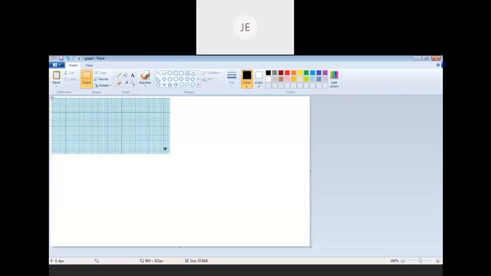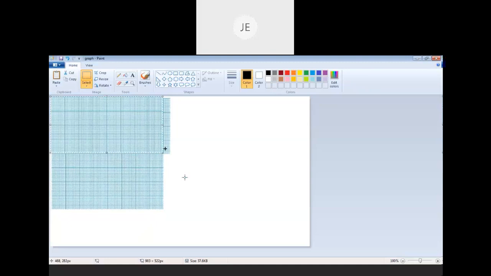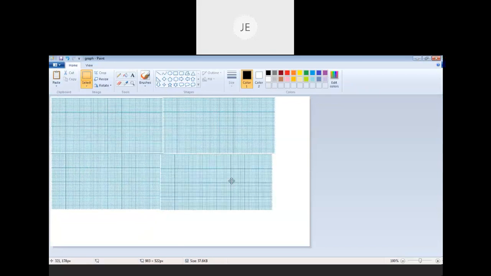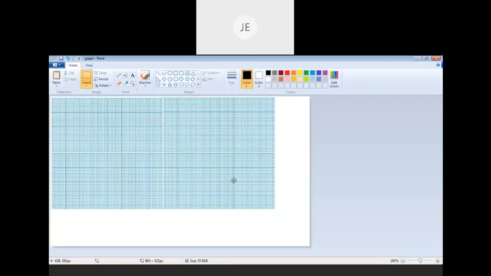Graphs are used to represent the data in a pictorial format. Yes, very good. Any other comments about what is meant by a graph? So graphs are used to represent the data in a pictorial format.